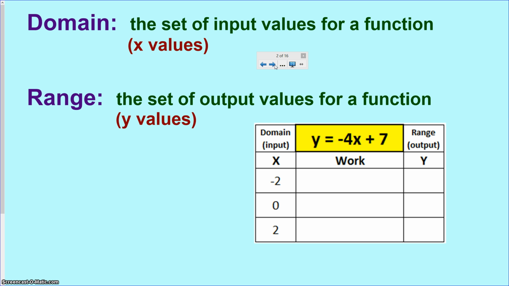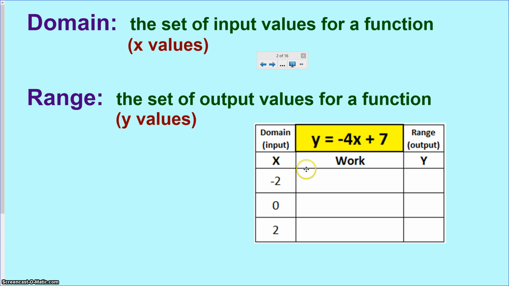Now, when we were graphing linear equations, we learned many ways to do it, but one of them was by table. And what we did was we chose a domain. We simply chose random numbers. It kind of looks like there's a pattern in this very short table, but we chose a random set of domain numbers. We then plugged them into the function. The function was written in function form, where we had a y all by itself, and then we had x along with all the leftovers over on one side of the equation.